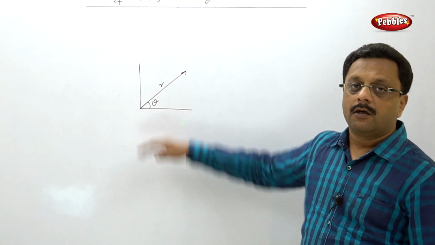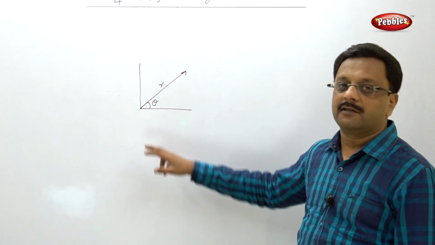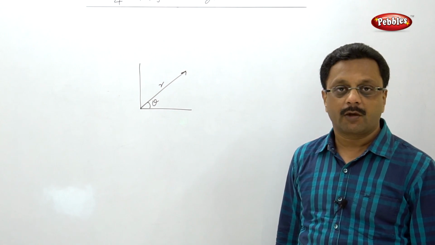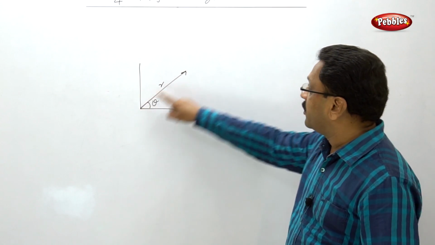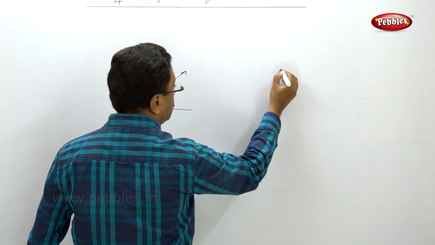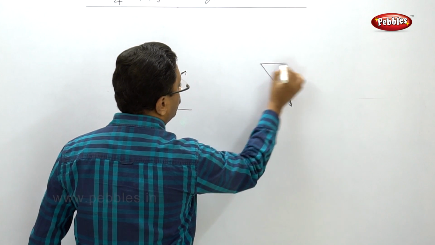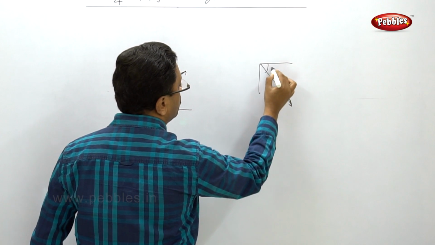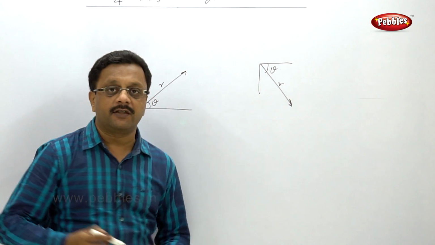Now, from books or by drawing simply, you can immediately say that yes, this is r cos theta. Okay? But don't be under the impression that your vector is always like this. Suppose it is like this, and if this is theta, now you have to find the components r sin theta and r cos theta.